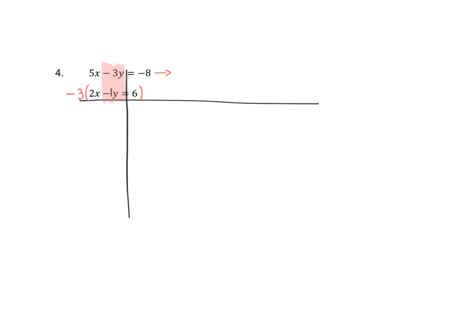Because I'm touching the bottom equation, because I'm manipulating it, I'm going to leave the top one alone in this one. So I have 5x minus 3y equals negative 8, which is going to make the bottom one negative 6x plus 3y equals negative 18. Again, looking at this, did we make happen what we wanted to happen?